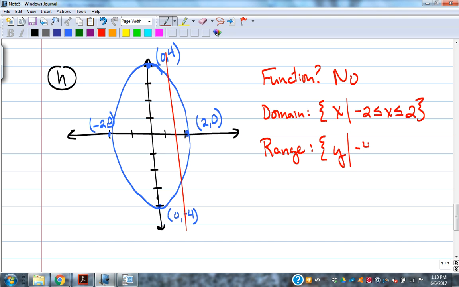So that means it's going to go from -4 up to +4. Y's are in the middle, and just do less than or equal to's on that. If the range is in between two numbers, use less than or equal to marks, or the domain, if the x is in between the two numbers, use less than or equal to marks, and you get the domain and range of those. Okay.